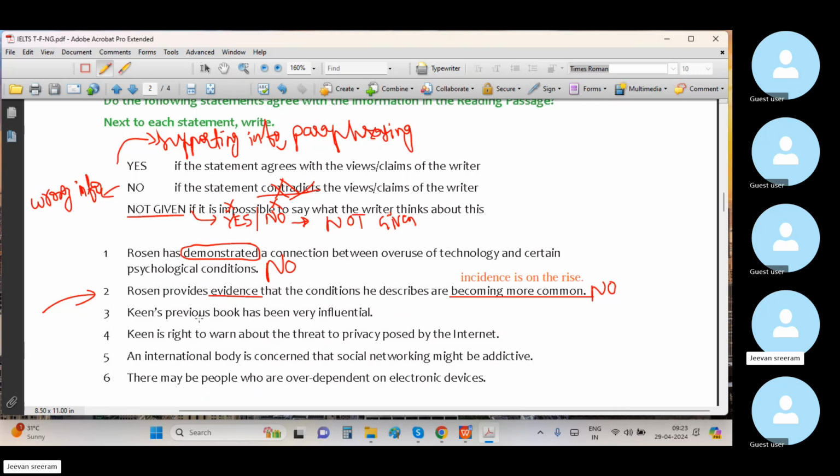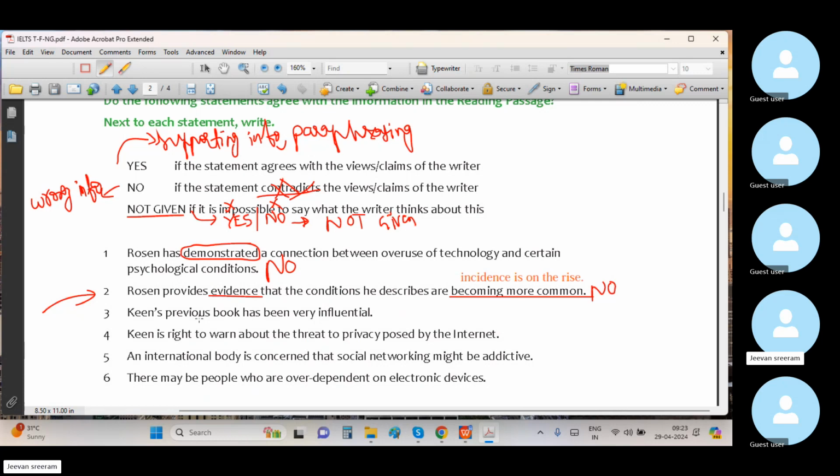It still might be influential. You can't say it can't affect the people. It may affect the people. It might already have affected the people in those days. It might be part of history, not at all present, right?